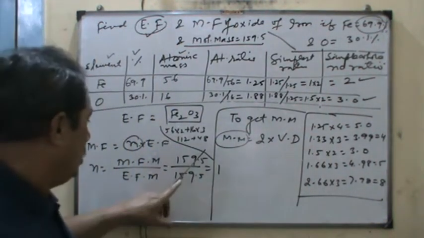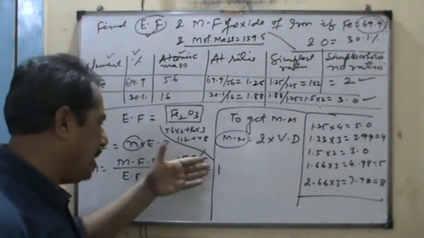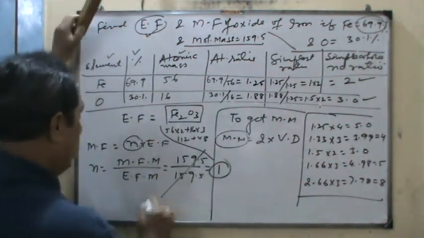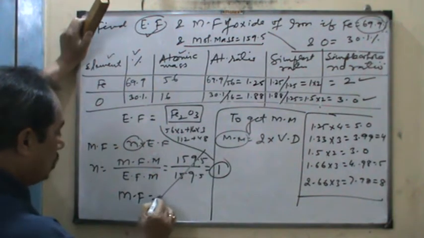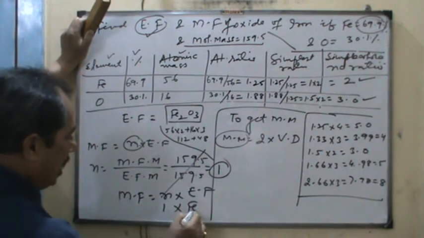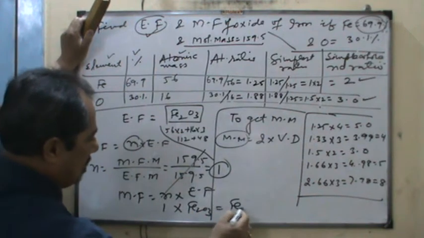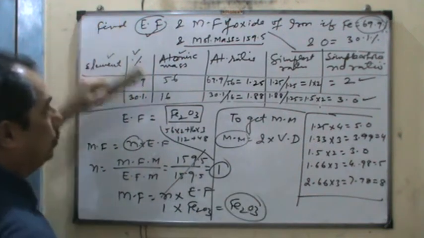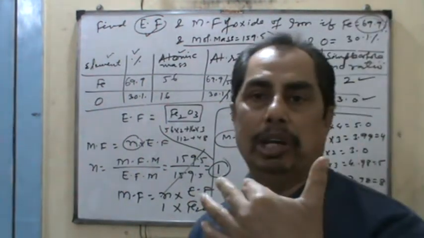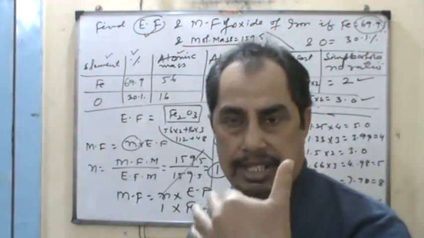We can take 160 divided by 160, so the answer is 1. So molecular formula is equal to n into empirical formula, 1 into Fe2O3, your answer is once again Fe2O3.